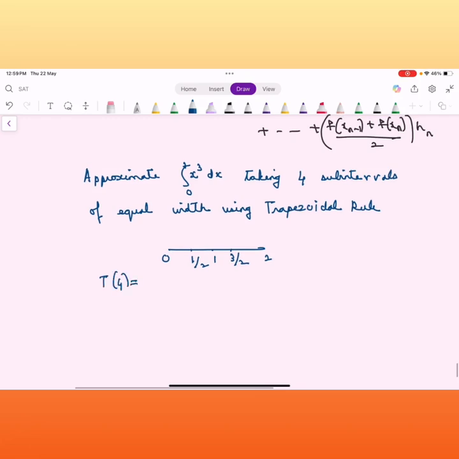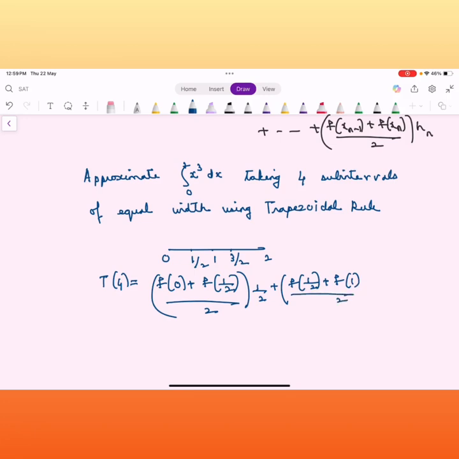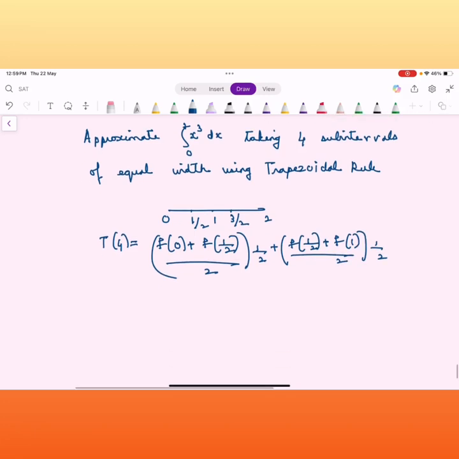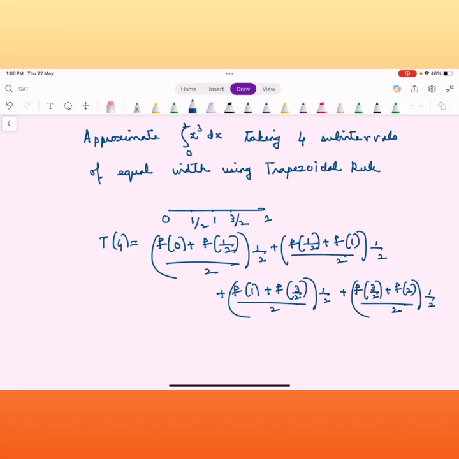So T4 will be f of 0 plus f of half by 2 into the width, which is half, plus f of half plus f of 1 by 2 into half, plus f of 1 plus f of 3 by 2 by 2 into half, plus f of 3 by 2 plus f of 2 by 2 into half.